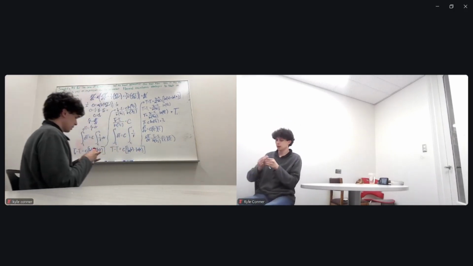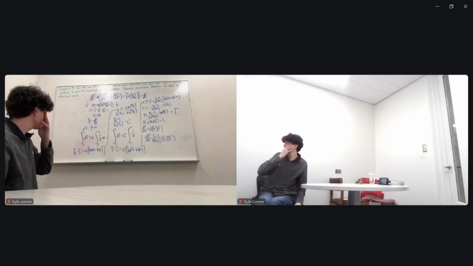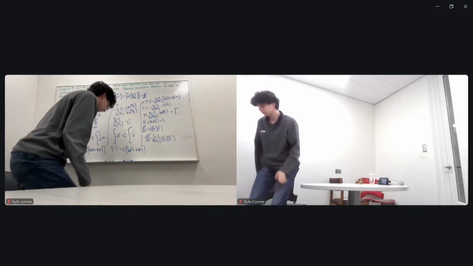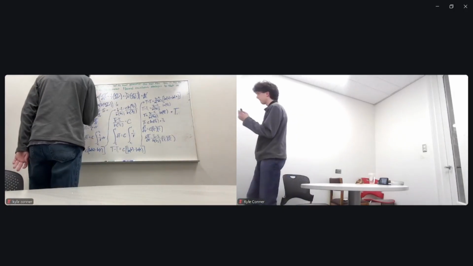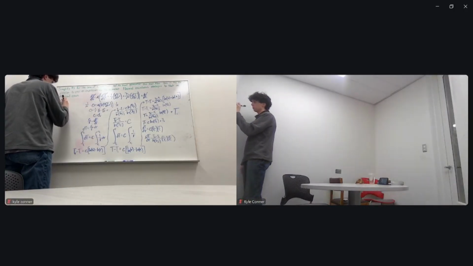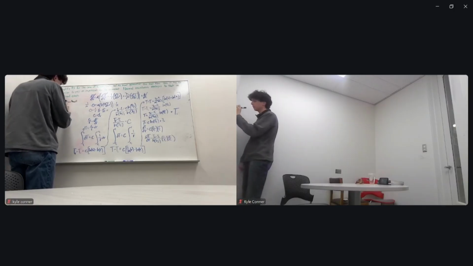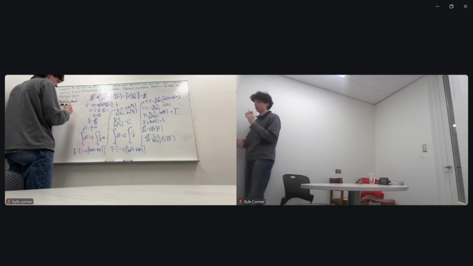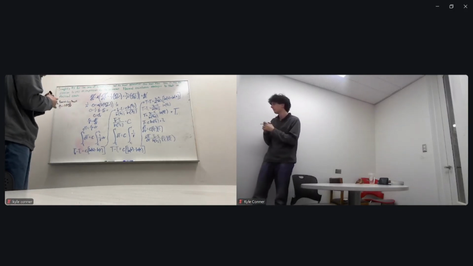So now we're going to relate this back to our original Fourier's law. So Q is equal to negative thermal conductivity, area, and then the derivative of temperature with respect to the radius in this instance.